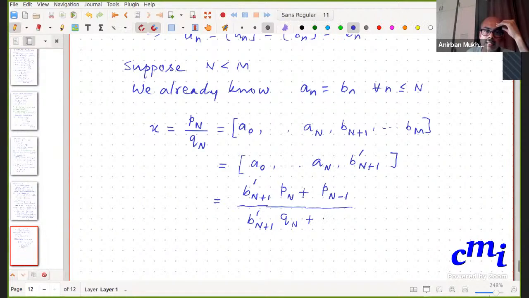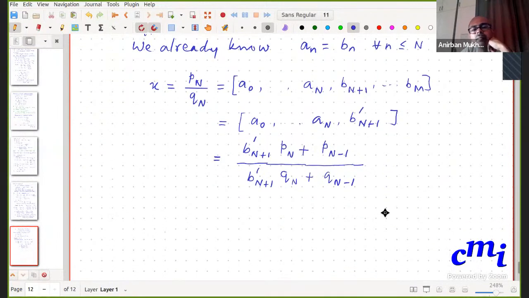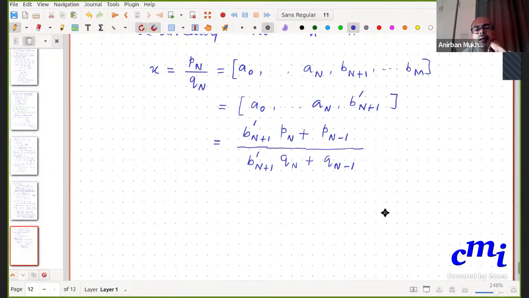So just one less and then two less. So this is the formula we are always using. So we can write it like this.